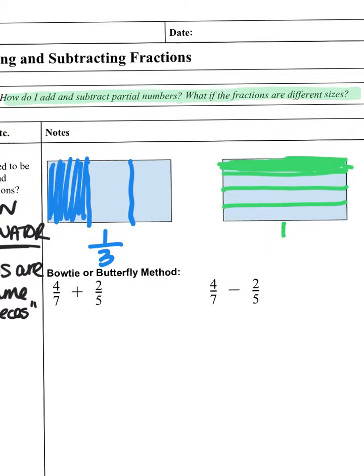So the easiest way we're going to do that is we are going to go ahead and split the left one in fourths just like we did the right-hand side. Okay, and then on the right-hand side, we're going to split that one into thirds and see what our equivalent is.